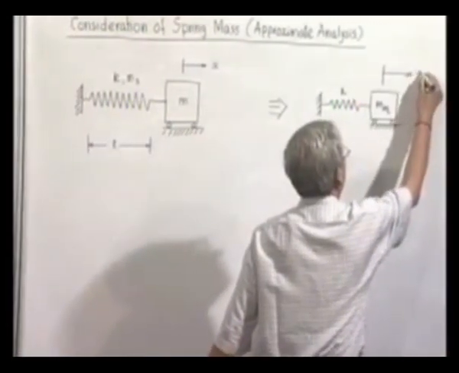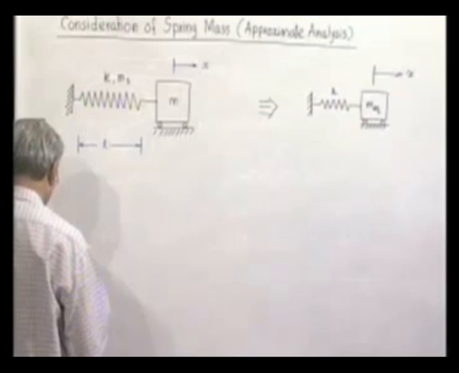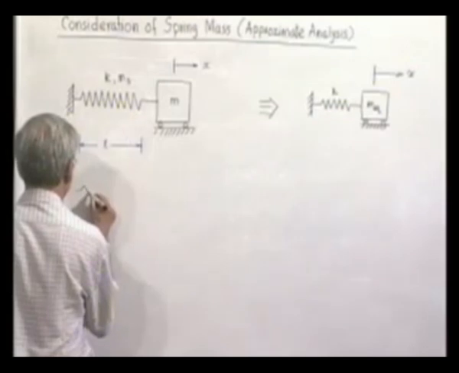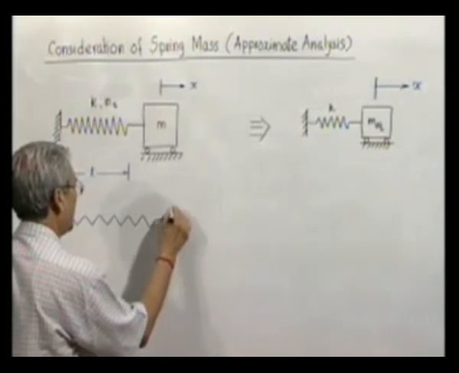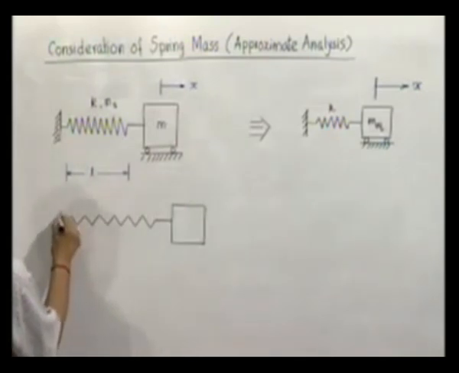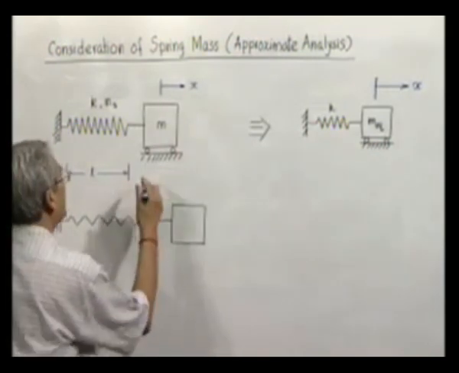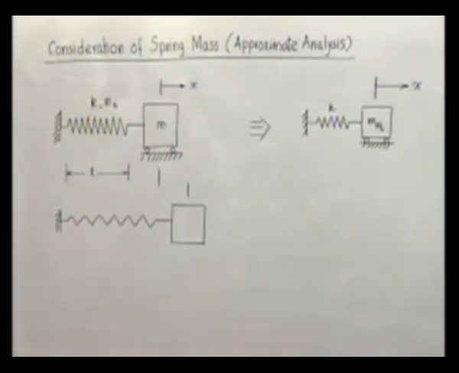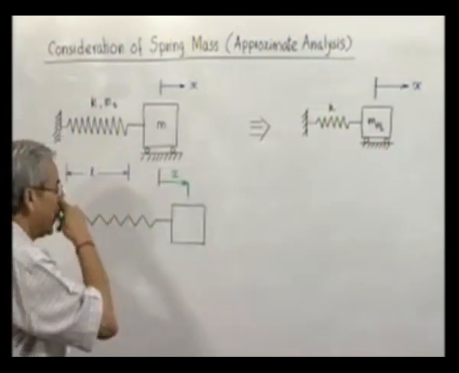And now, let us consider this one. When it deforms, and the original equilibrium position is this, the displacement at this instant under consideration is x.